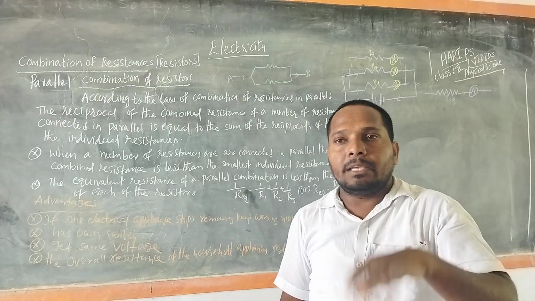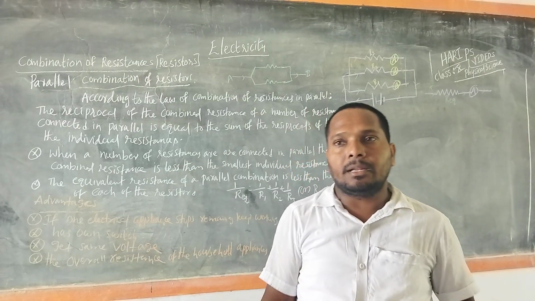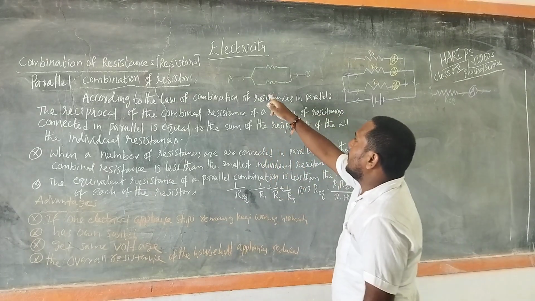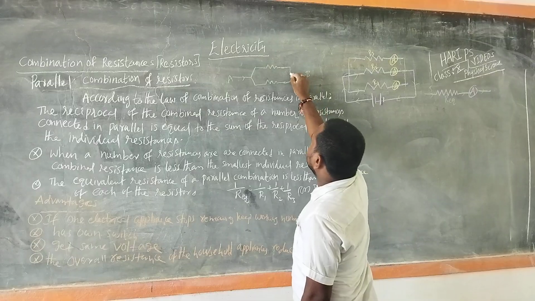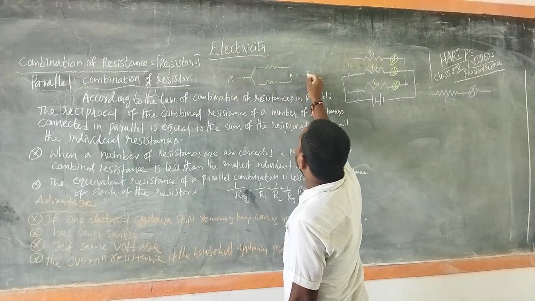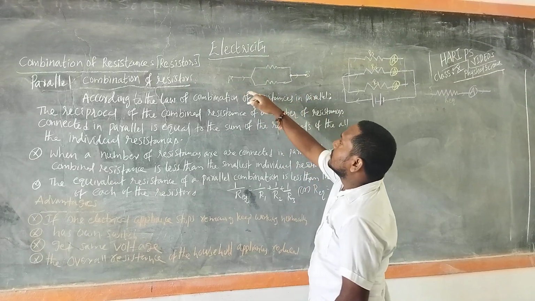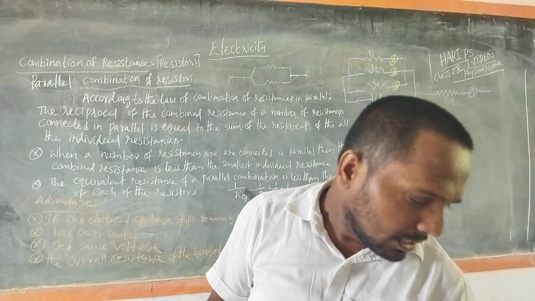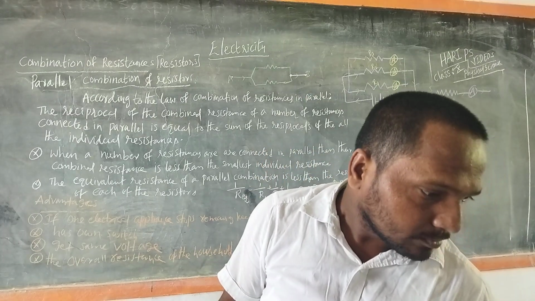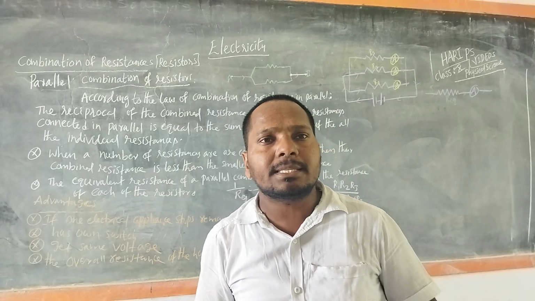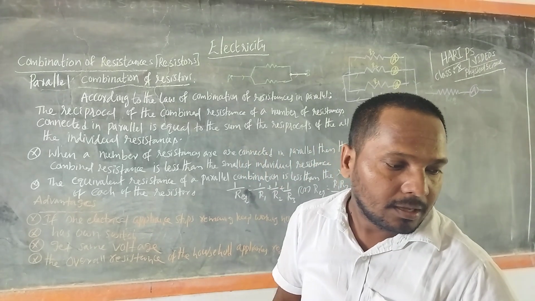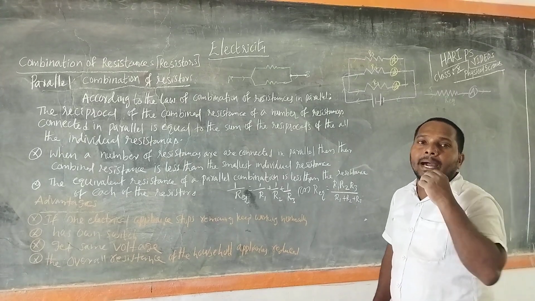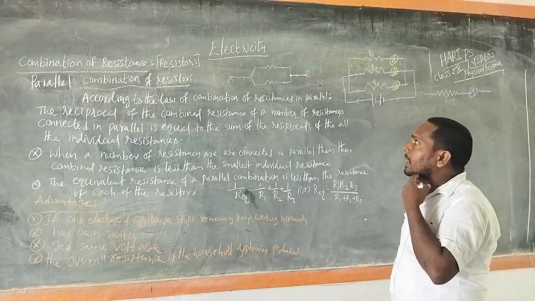What happens if all the resistors are connected in parallel? So this is the parallel connection. This is point A and this is point B. Two or more resistors connected between the same points are said to be in parallel.